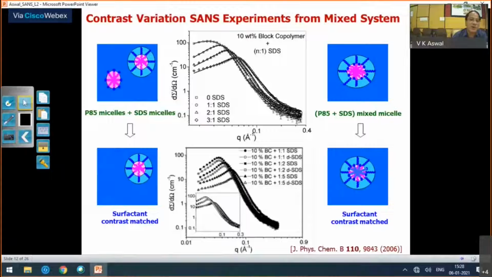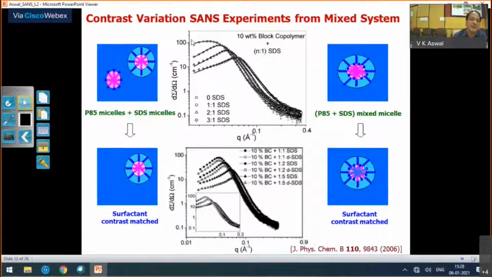Contrast variation in small angle neutron scattering has the advantage because you can simplify some of the components. So what I do is I take a deuterated solvent and also take a deuterated version of this component. Then this is contrast matched, so I will only see this.